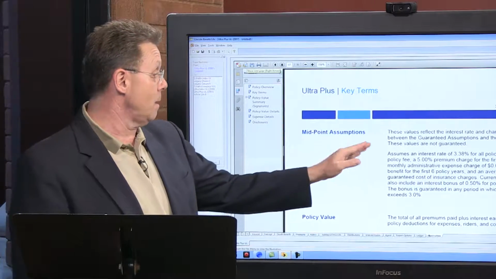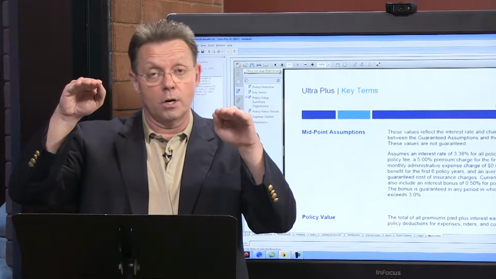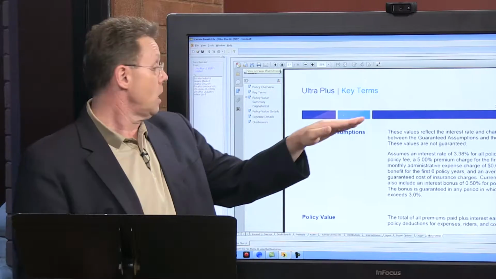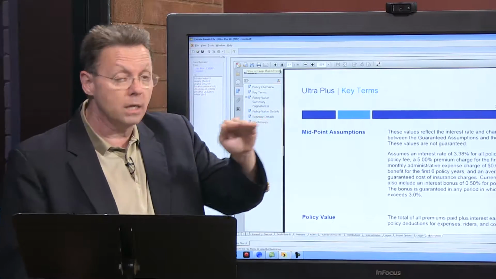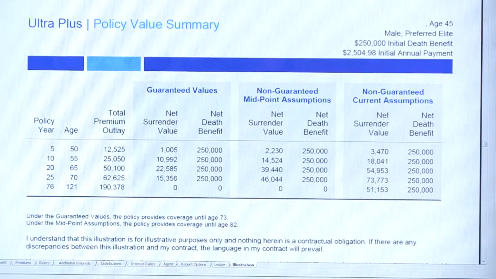So showing that midpoint assumption will really say, what could happen if it actually drops another 100, 150 basis points? Having your current company practice, a midpoint assumption and your guarantees will give the client a good idea what to look forward to. And look at it spread apart at 5, 10, 15, 20, 25, and out to endowment policy years.